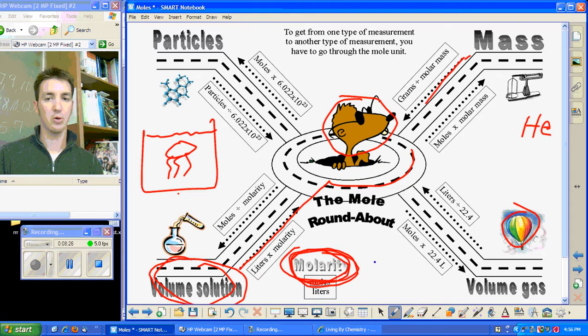So if I figure out the moles, I can figure out the size of the balloon, the liters. And this is what Avogadro worked on, was every mole of gas on certain conditions will have that much volume. So really, moles are just the key to figuring out all of these other types of measurements, which is, again, kind of cool that you can figure out from one thing to another.